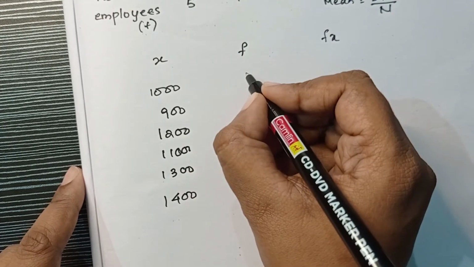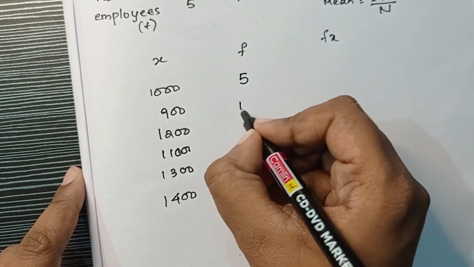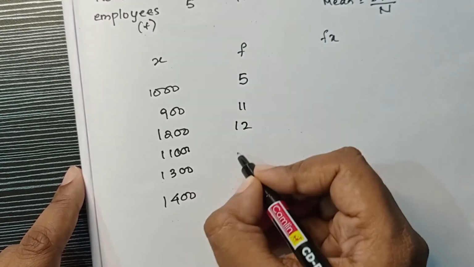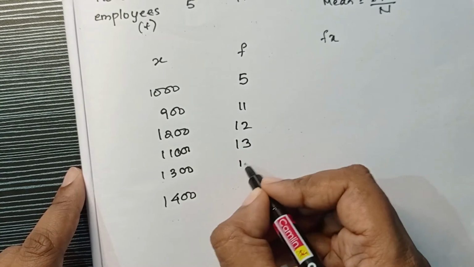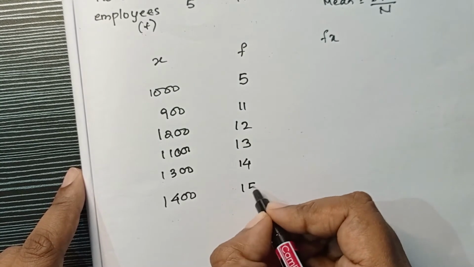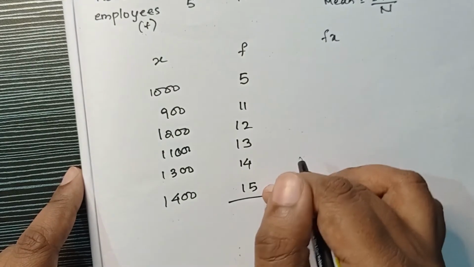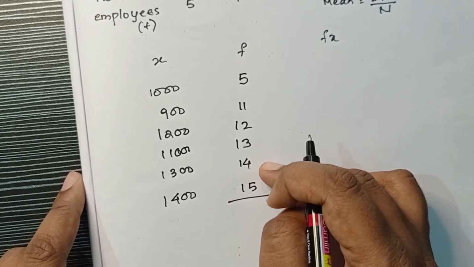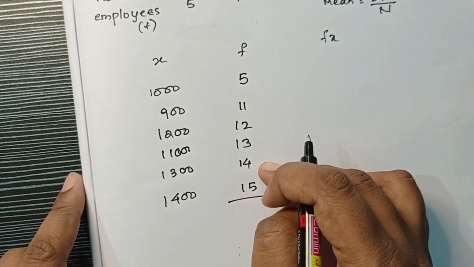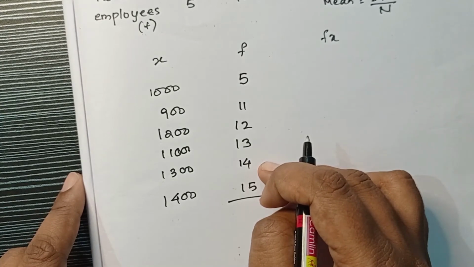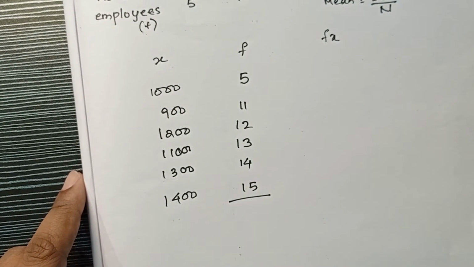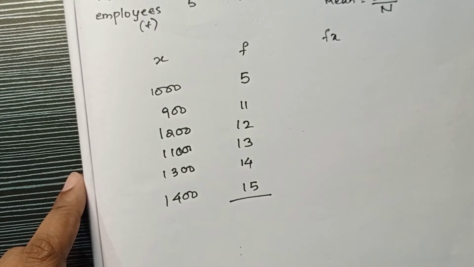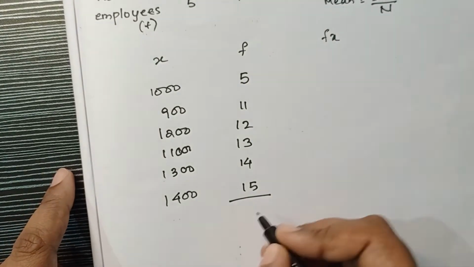And the frequencies given here are 5, 11, 12, 13, 14, 15. Now you have to find the total of the frequency. So if we add all of these together, we'll get 70.